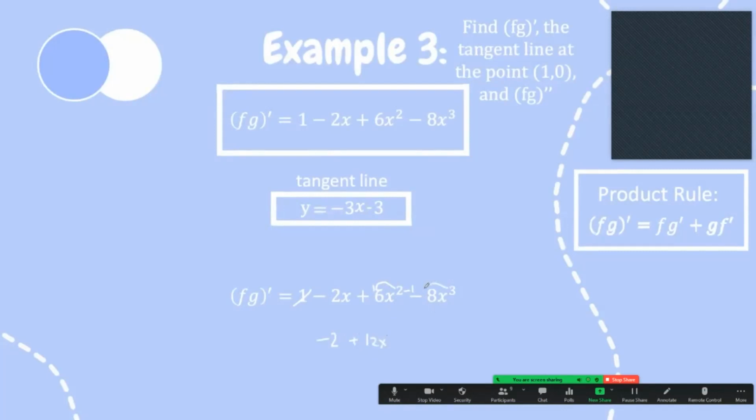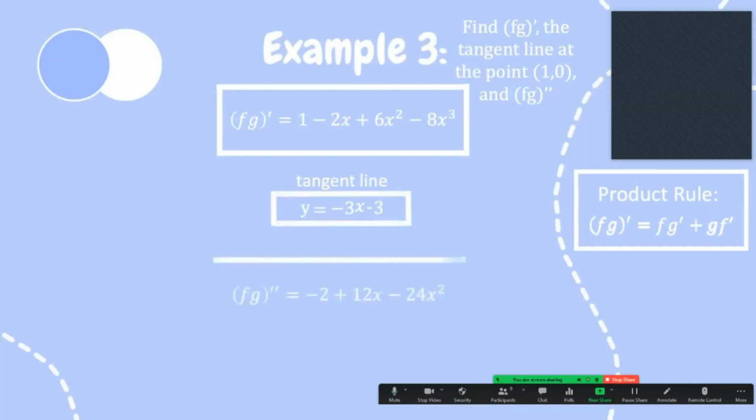And that becomes negative 24x squared. Very good.